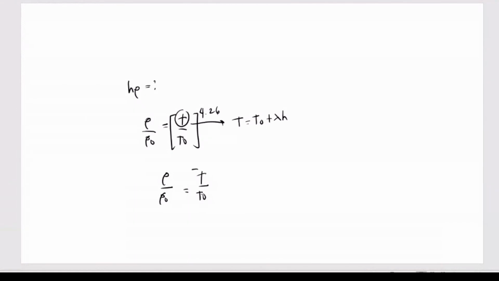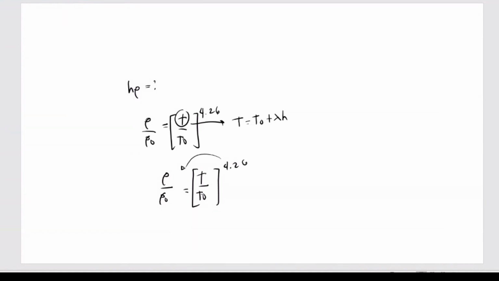Kung meron kang equation na rho over rho sub O is equal to T over T sub O raised to 4.26, kailangan mo munang kunin yung T, and then pag nakuha mo yung T, pwede mong i-substitute to T is equal to T sub O plus lapse rate times the height. So, gawin na natin. Rho over rho sub O equals T over T sub O raised to 4.26.